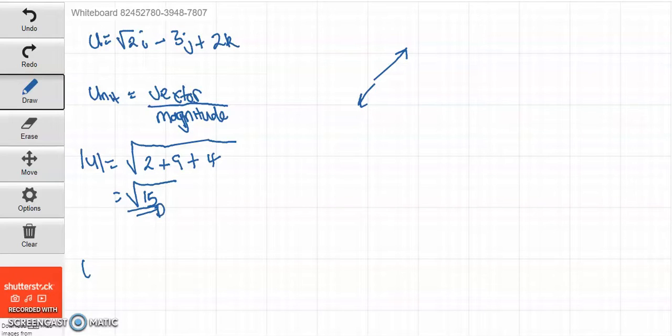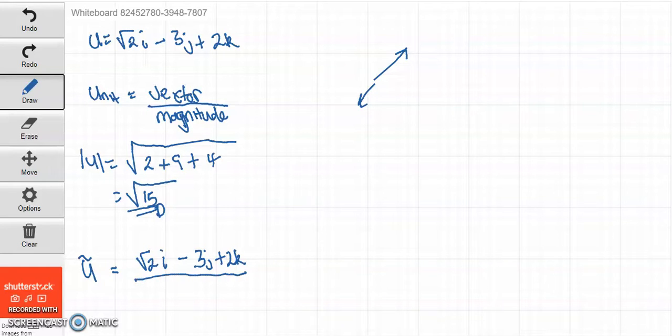And our unit vector, let me just represent it with some curly thing, but that is not something conventional. It's just so that you guys know this is the unit vector in the direction of u. So root 2 i minus 3j plus 2k divided by the magnitude.